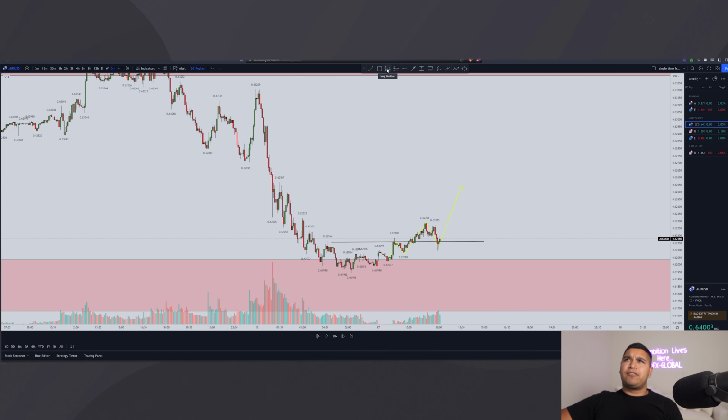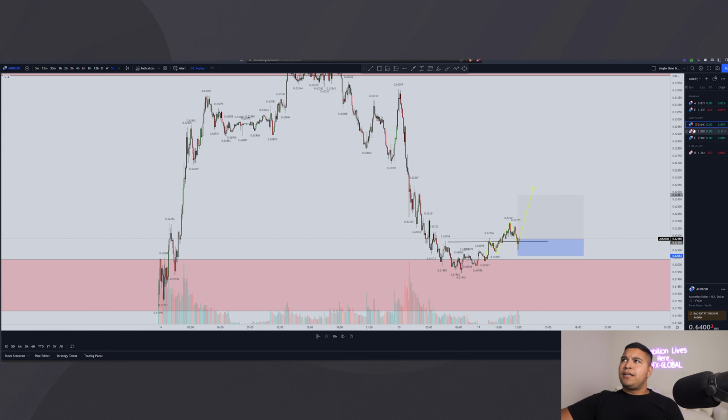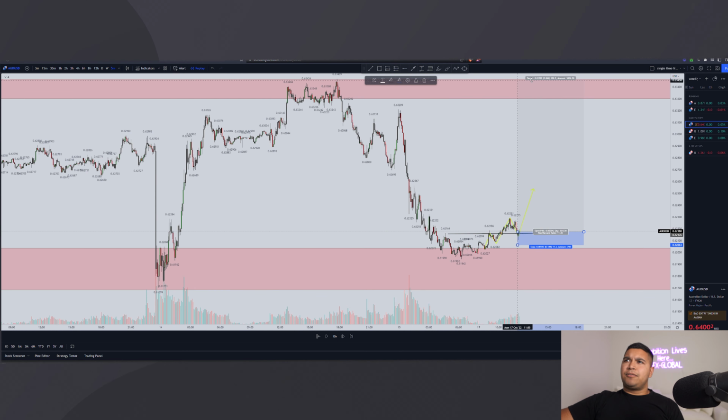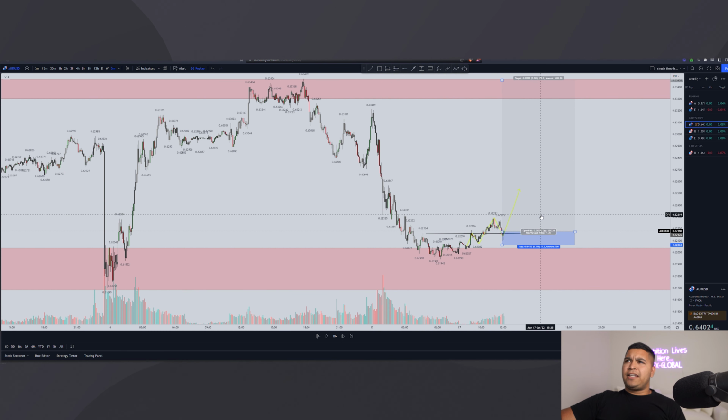I will take my trade right here. I will set my stop loss below the previous low, something like this. And I will set my target all the way back up here at our previous level of resistance, where we anticipate the market will go to. And you can see, guys, we have 11-to-1 risk to reward, which is totally huge.